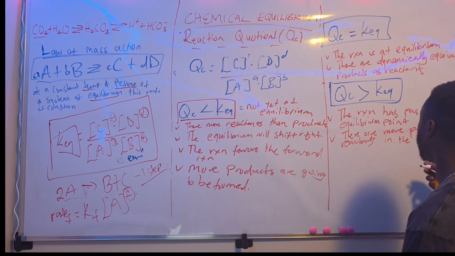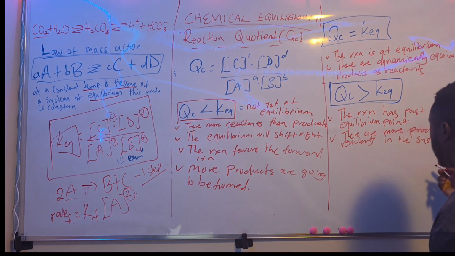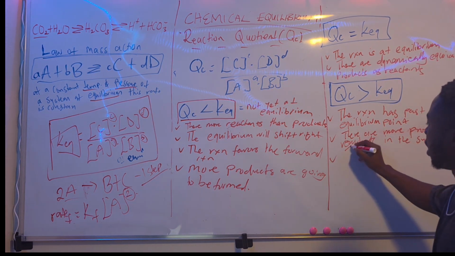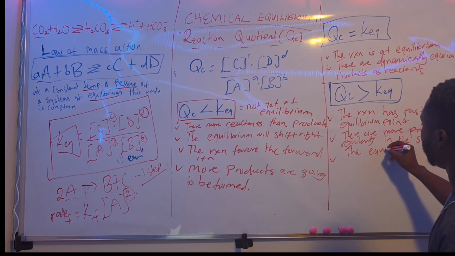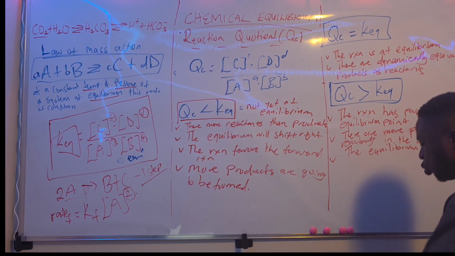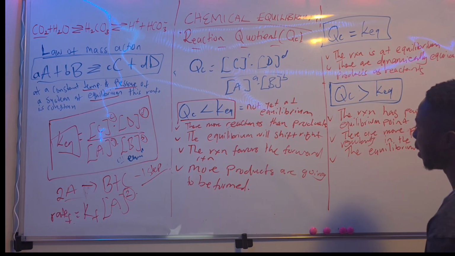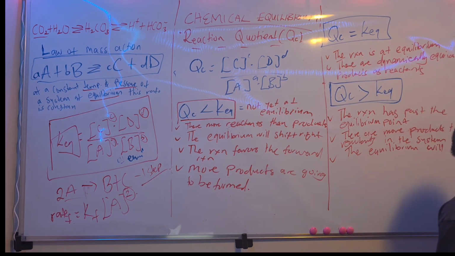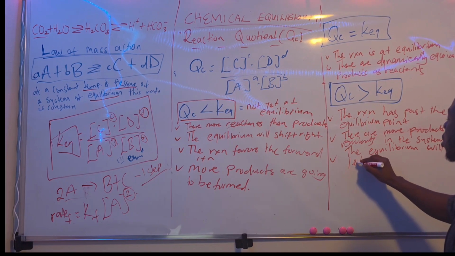Now if there are more products than reactants, then the equilibrium will shift to the side where there is less stuff. So the equilibrium will shift left.